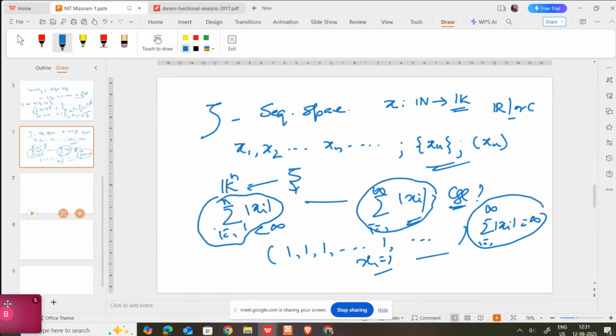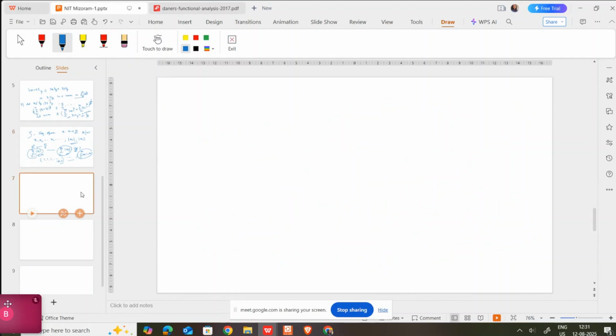So what do we do now? We slightly use the previous theory and do it here. So we take the sequence space. Now you look at 1 less than p, you can take less than or equal to also. And then you define LP.